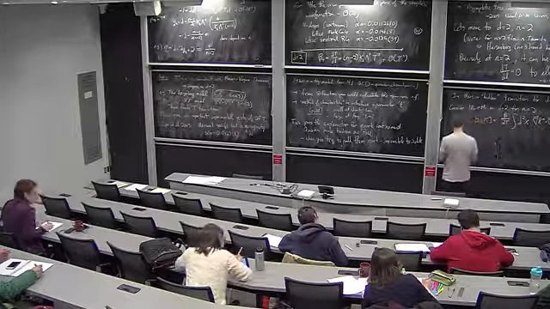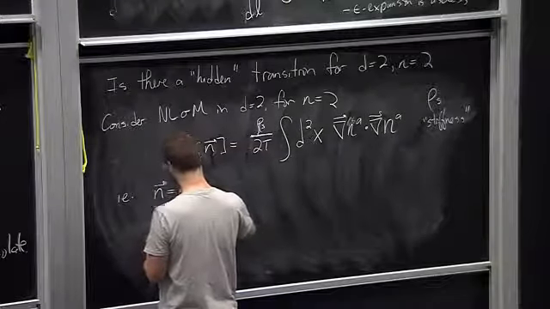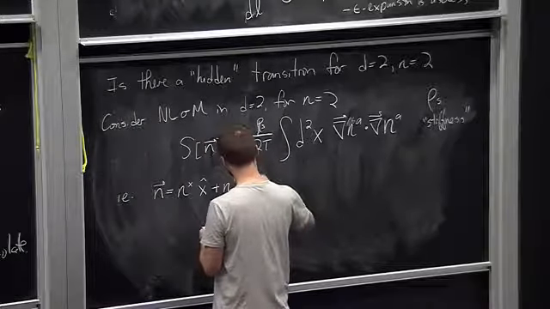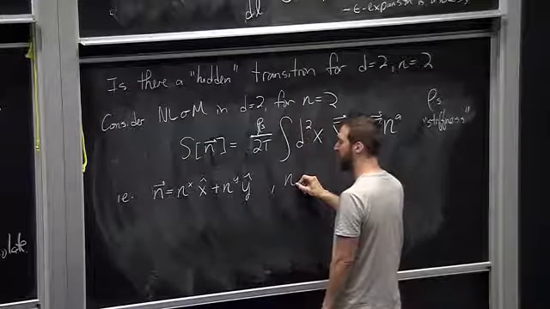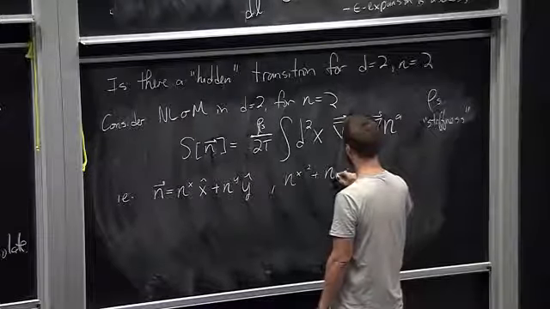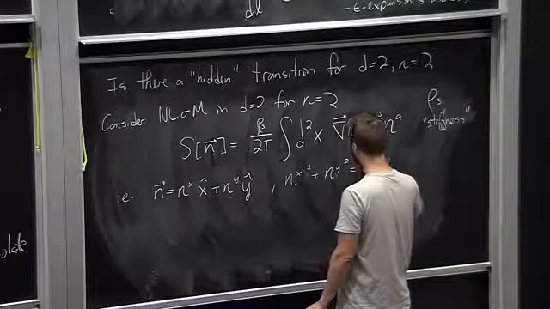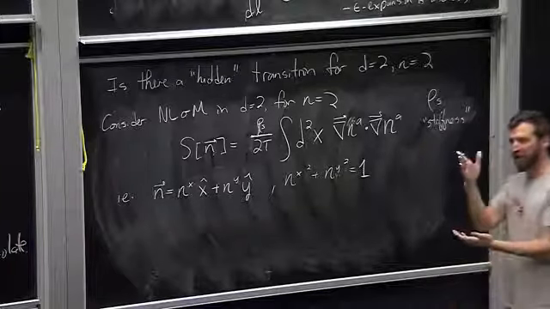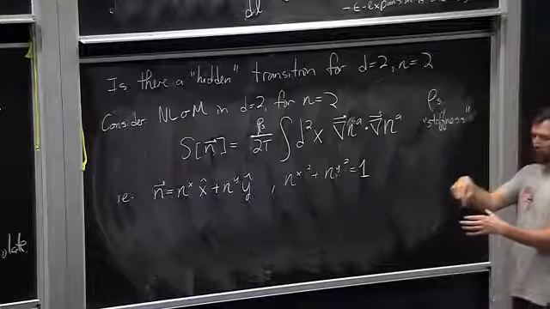We just want to specialize this to the fact that our unit vector just has an x and y component, and we still have a constraint. Now I hate these superscripts, but oh well. We have this constraint. And since we're in 2D, we can just imagine replacing this notation with a rotor.